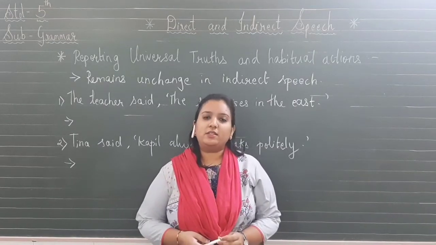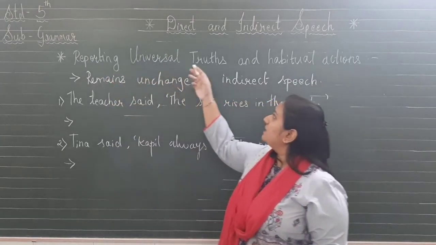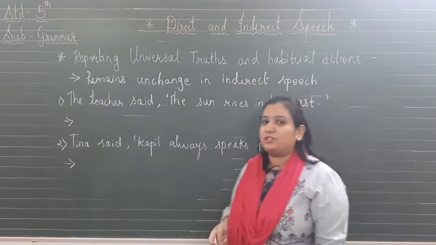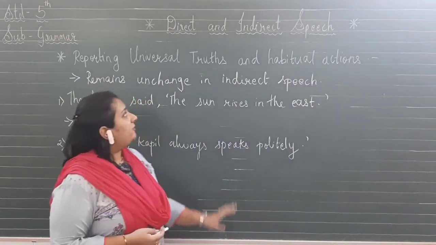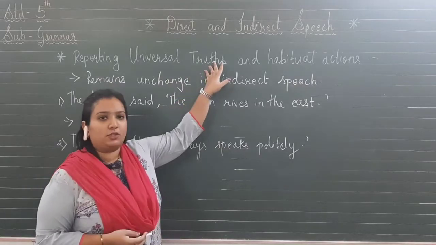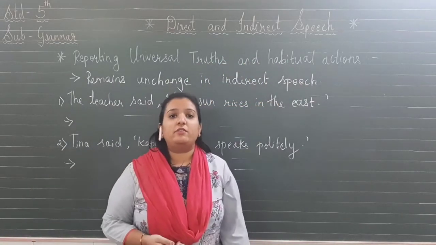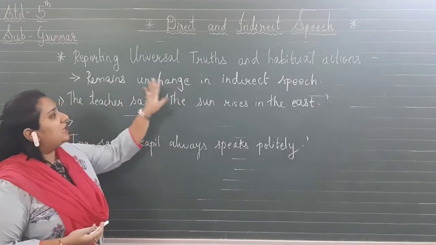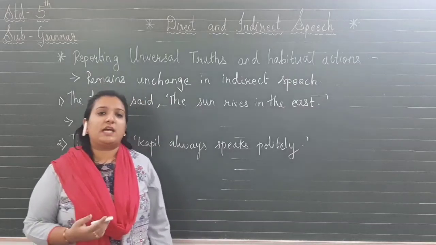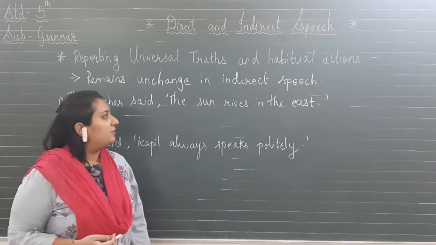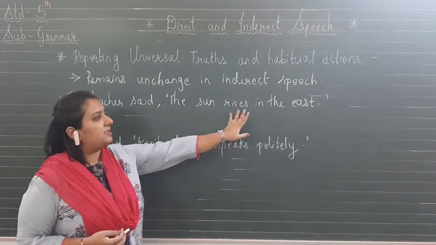So students, after learning imperative sentences, now we will learn reporting universal truth and habitual actions. This also we have studied in previous lessons: if the statement is carrying a universal truth or the habits or actions of people, then it remains unchanged in indirect speech. So there will be no changes from direct to indirect speech. For example, the teacher said, "The sun rises in the east."